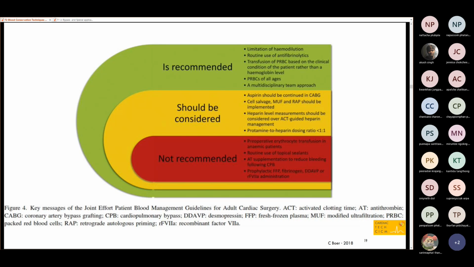Use of antifibrinolytics like tranexamic acid. Transfusion of packed cells based on the clinical condition.